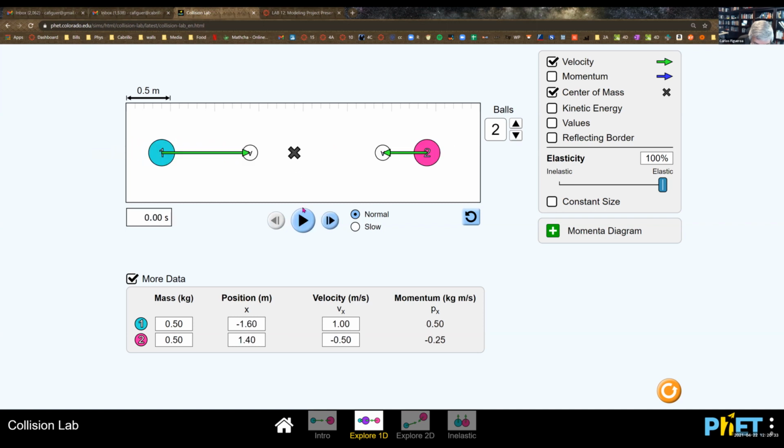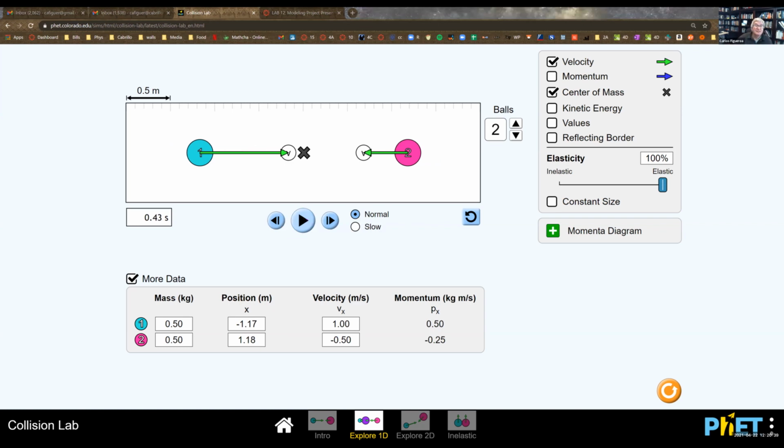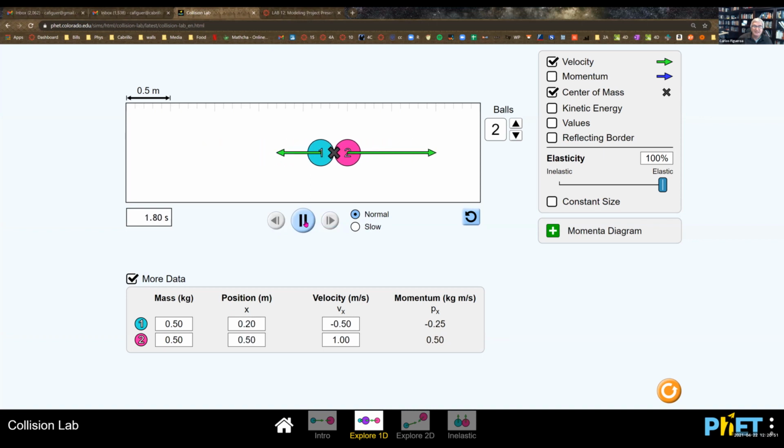Right? So what you're seeing here is that this velocity of center of mass is moving. So even though the collision has occurred and these guys are already moving in a different direction, you're seeing that that thing continues to move in that direction right there.